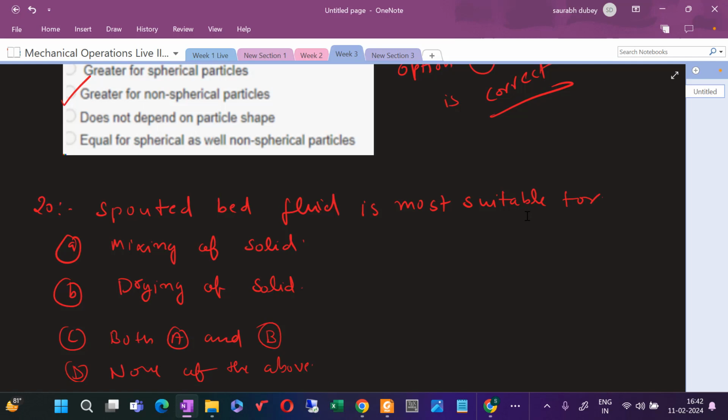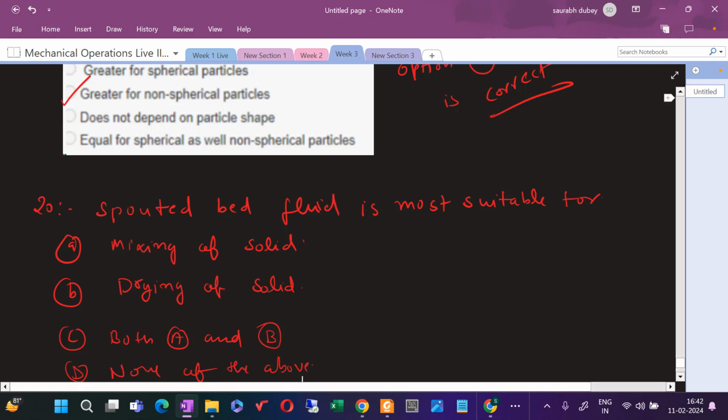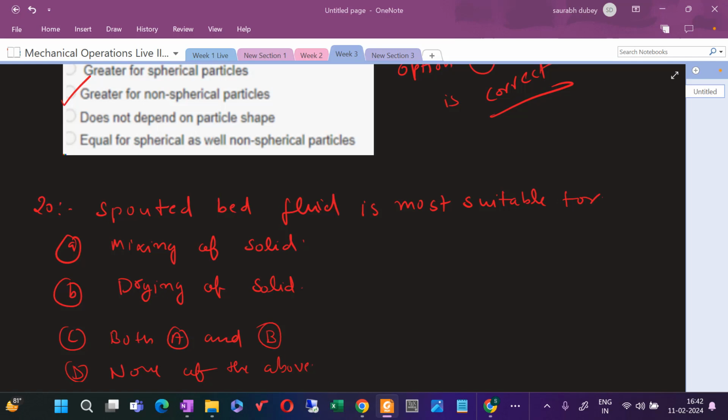As you remember, slugging is attained by large pressure fluctuation, and so it is generally avoided in large units since it can cause vibration to the plant.